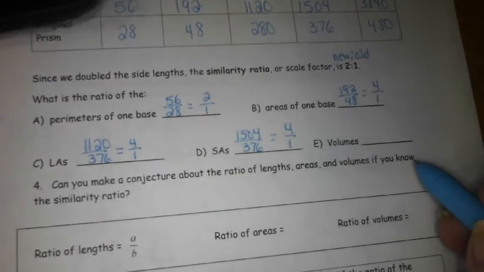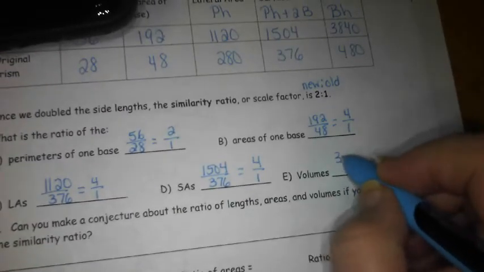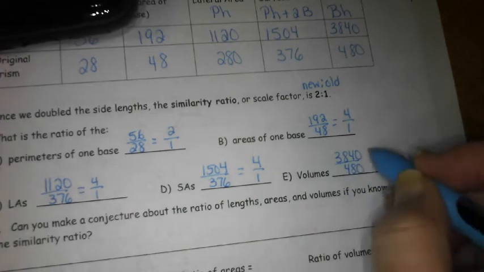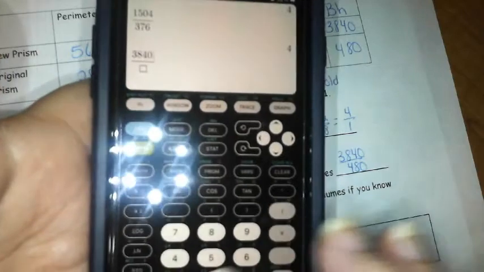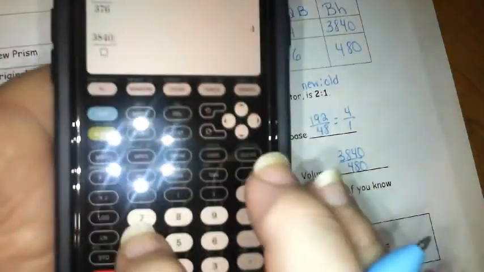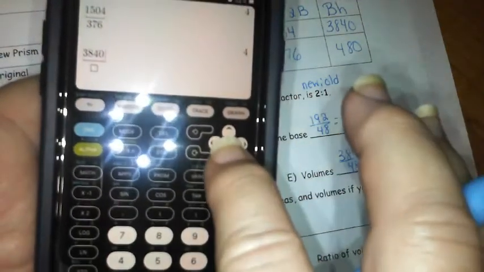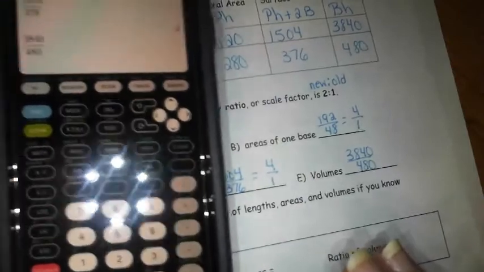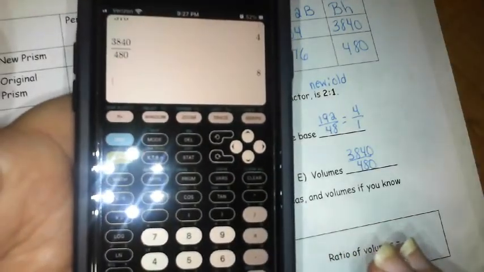Alrighty, so now let's check the volumes and see what happens there. We'll take 3,840 over 480. Is it going to be 4? What do you think? Or is it going to be 8?